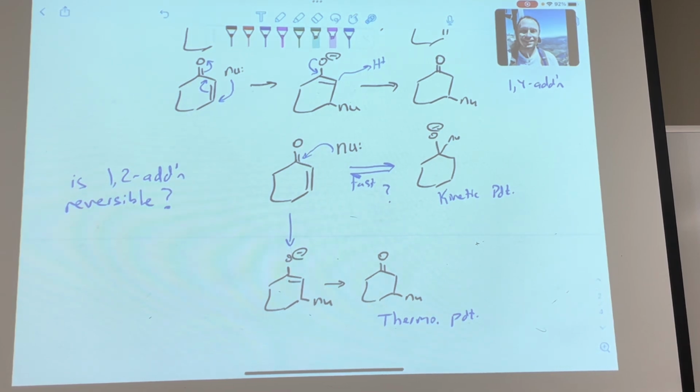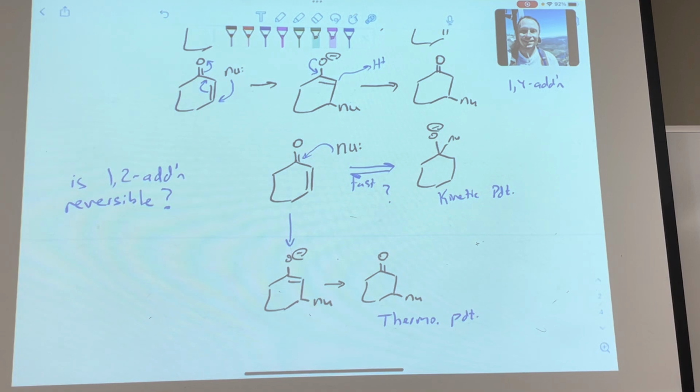And so if this is not a reversible process, if once the nucleophile attacks it's stuck and it can't dissociate, then you're going to get 1,2 addition. However, if this process can go back and forth, if the nucleophile can attack and then dissociate and equilibrate, and over time you give it the option, it will give you the more thermodynamic product preferentially.